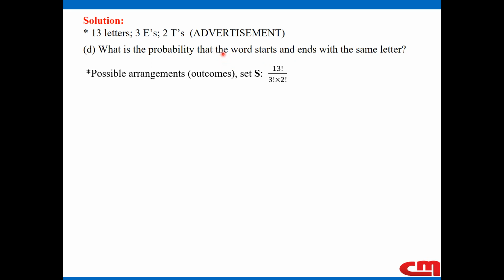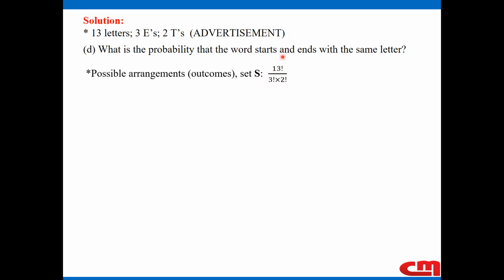So looking at this word advertisement, if we were simply to arrange the letters, we have to take note of the repeating letters, right? So the possible arrangements or outcomes, that is set S, it will be the 13 letters we have, 13 factorial over the repeating 3, which is 3 factorial times 2 factorial. That's the possible outcome.